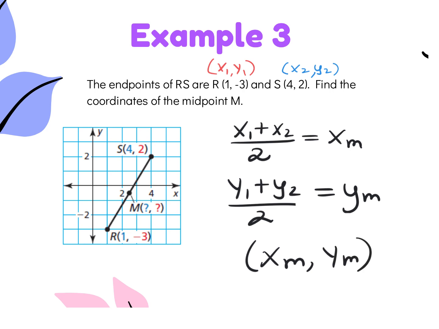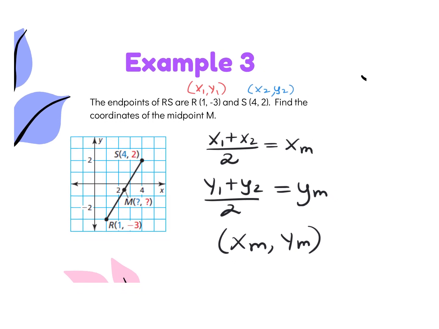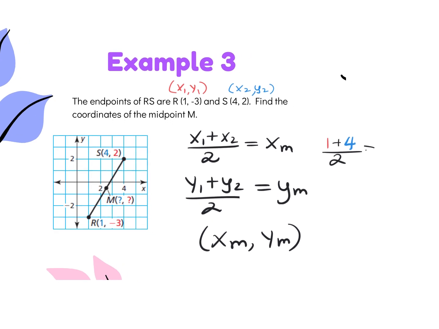So let me go ahead and fill in my numbers. I'm going to be filling in my x1, which is 1, and then my x2, which is 4. And then I divide by 2. And then I get 5 over 2. This is the x of your midpoint.